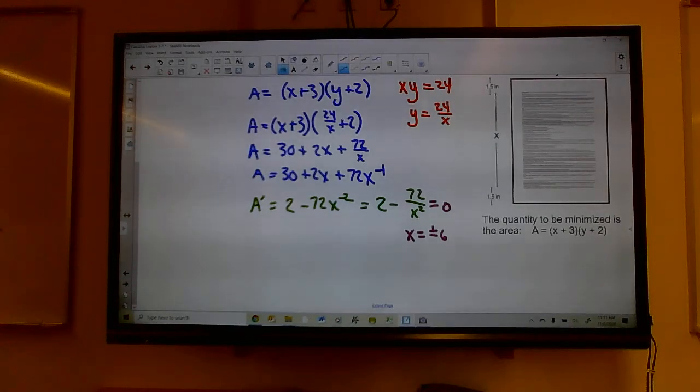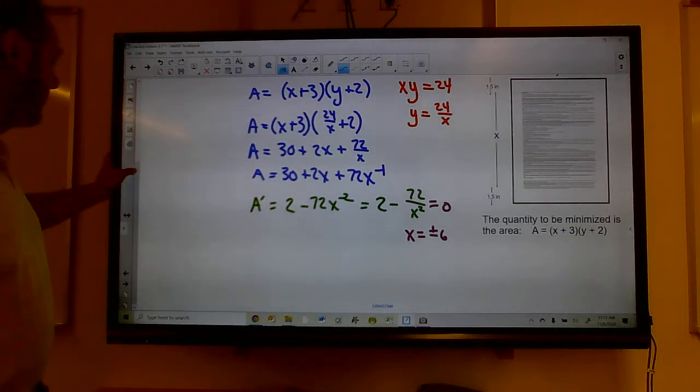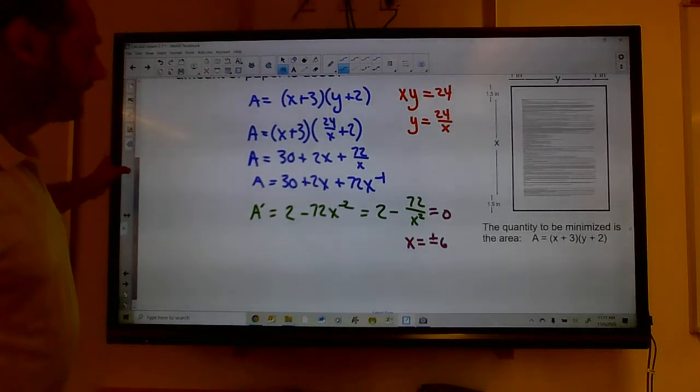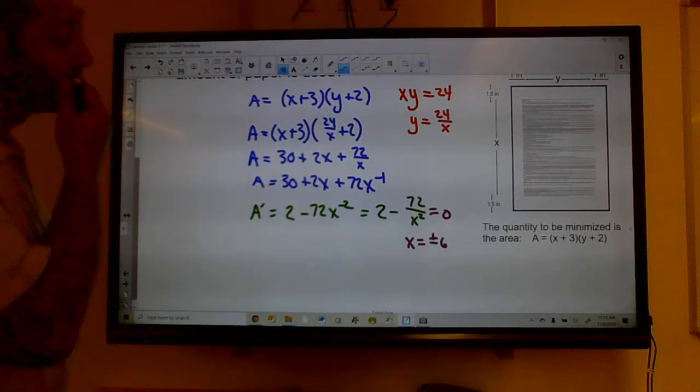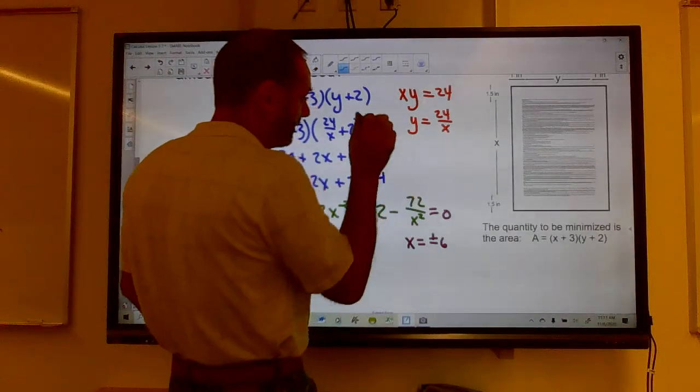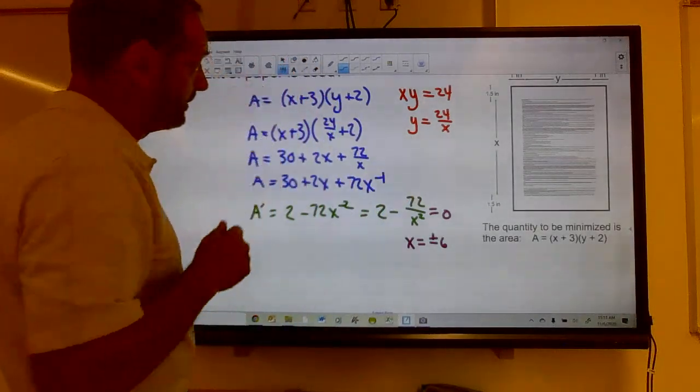Okay. That also tells me, let's see, I need to find the areas. And I need to check, let's see, I need to know what my domain is going to be of this.